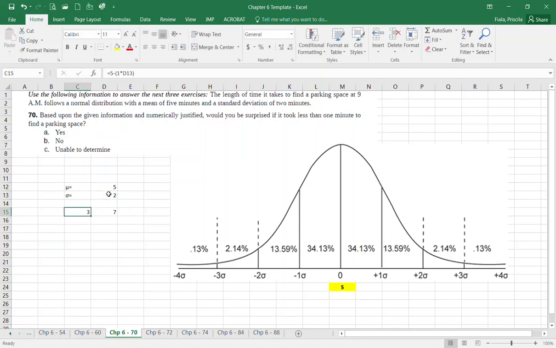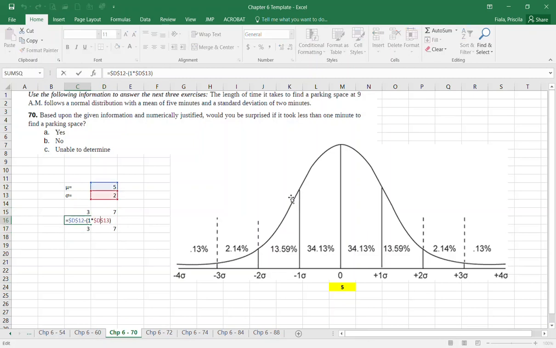Here we go. I'm actually gonna do better. I'm gonna do the cells and freeze them with the F4 key, and for my standard deviation, same thing, so I can just copy these formulas and carry them down.